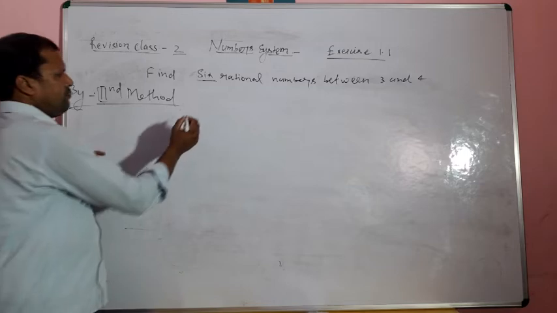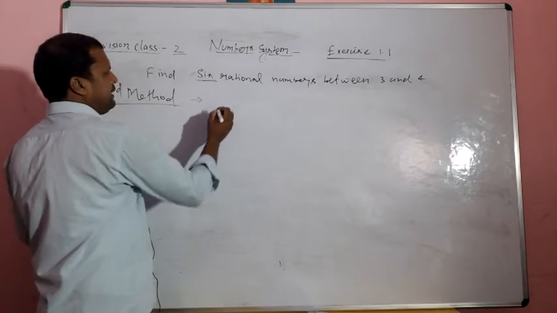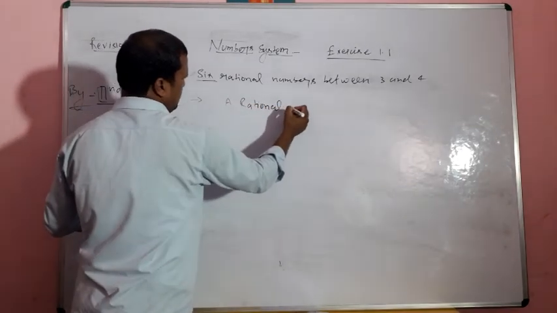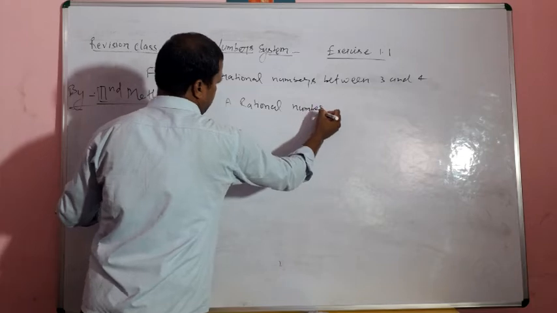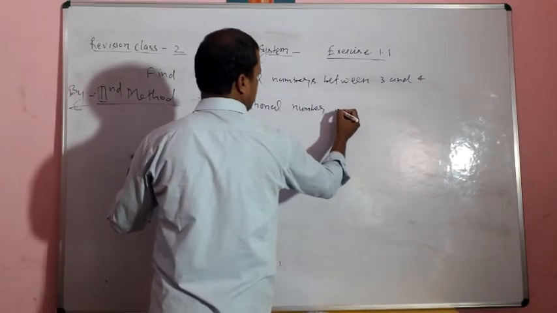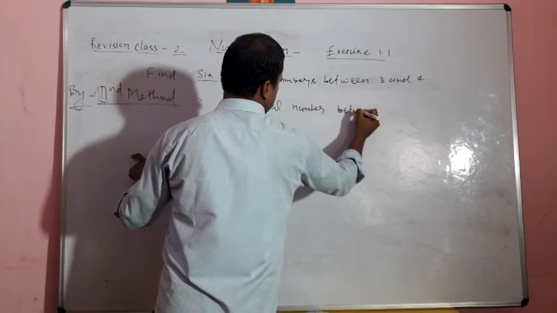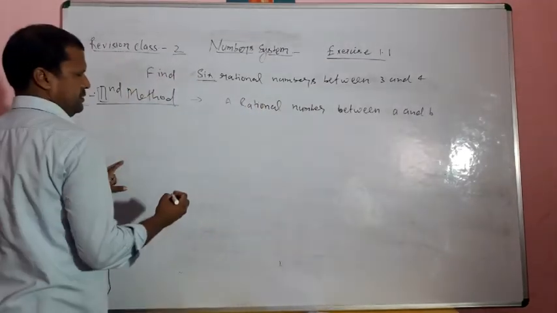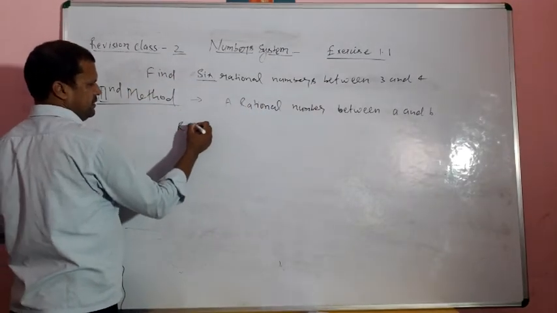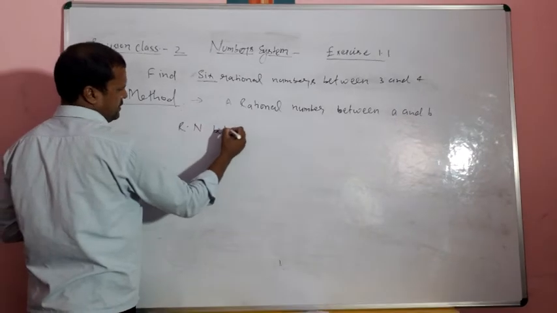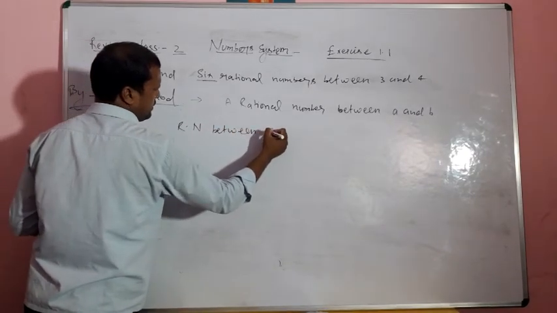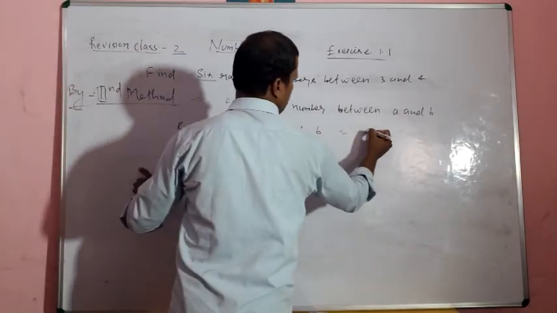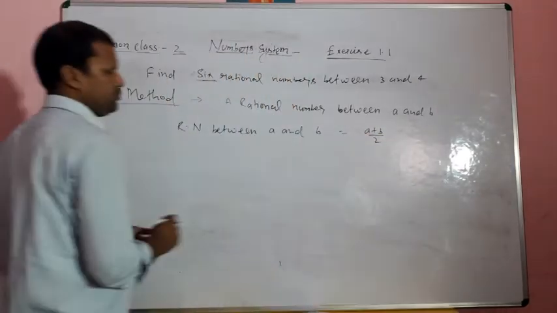For the third method, a rational number between A and B is (A plus B) by 2.